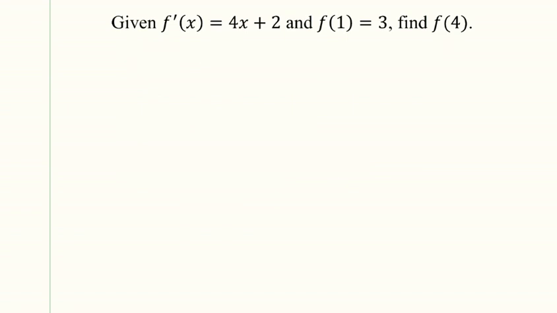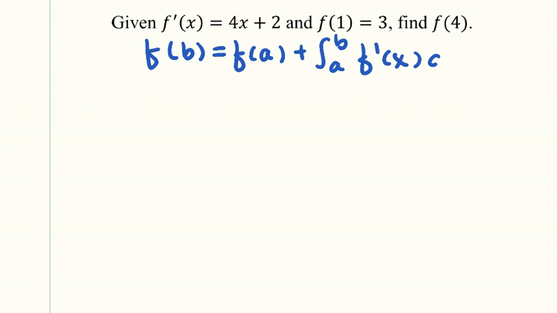Now we're going to do this exact same problem again, except with f of b equals f of a plus the integral from a to b of f prime. I'll write that again: f of b equals f of a plus the integral from a to b of f prime of x dx.